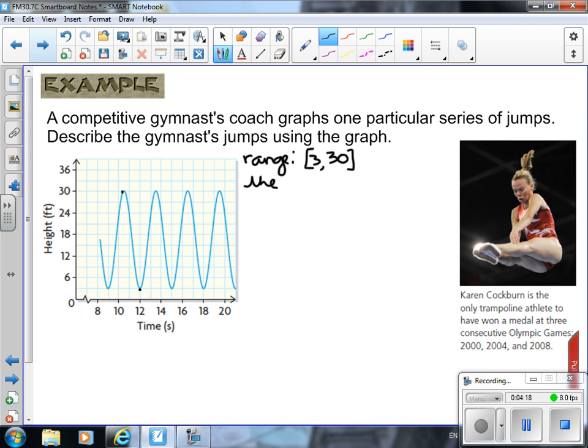The jump ranges between 3 feet and 30 feet from the ground.